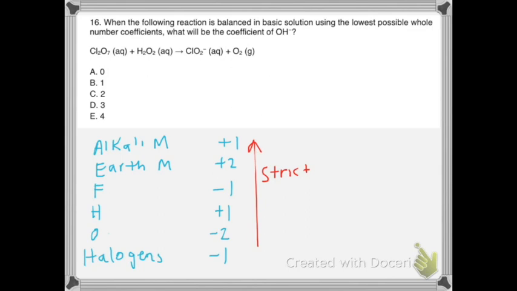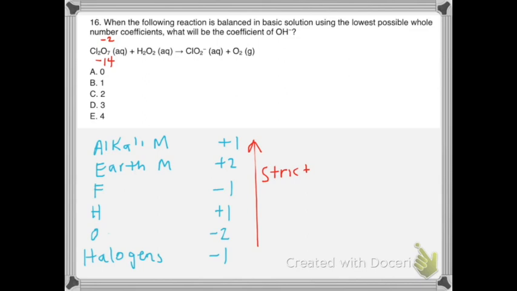And these are written this way to be ranked in order of strictness. Okay, so we can start with the Cl2O7, and we can see that oxygen is higher on our list, so we'll assign it its preferred oxidation number before chlorine. And so this will be -2, contributing an overall -14 to the molecule.